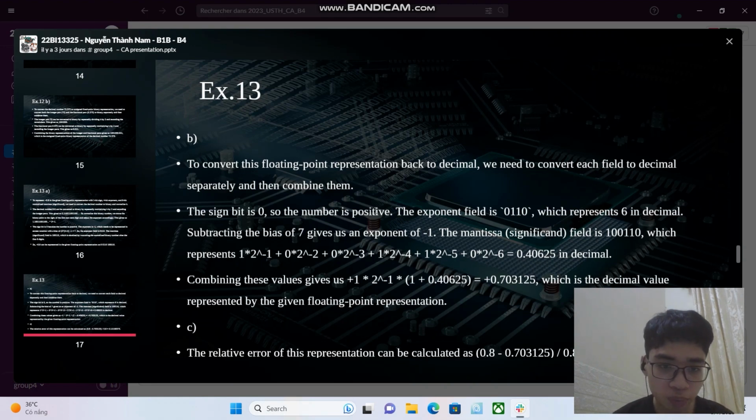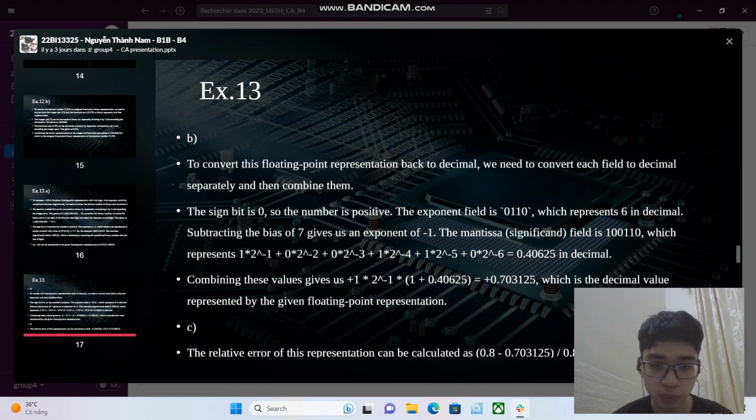100110, which represents 1 times 2 to the power negative 1 plus 0 times 2 to the power negative 2 plus 0 times 2 to the power negative 3 plus 1 times 2 to the power negative 4 plus 1 times 2 to the power negative 5 plus 0 times 2 to the power negative 6, and equals 0.59375 in decimal.